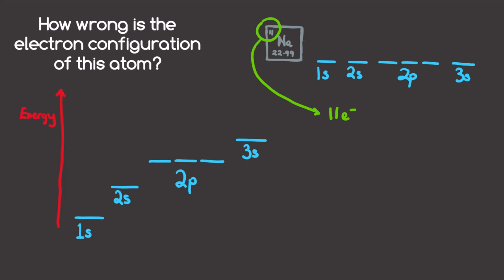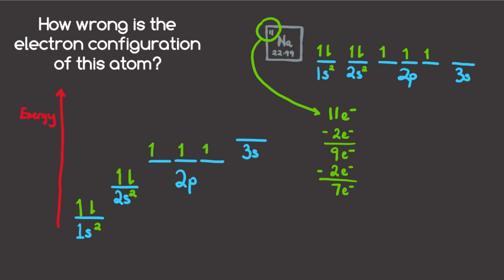Now, based on Hund's rule, which focuses mainly on the magnetic quantum number, and the Pauli exclusion principle, the subshells with more than one orbital, in this case the 2p, must be half-filled as shown right here.